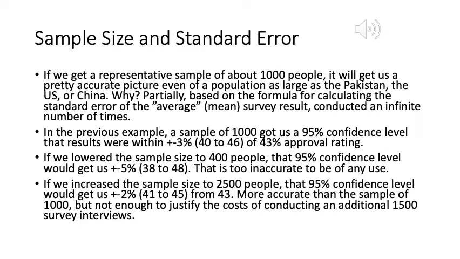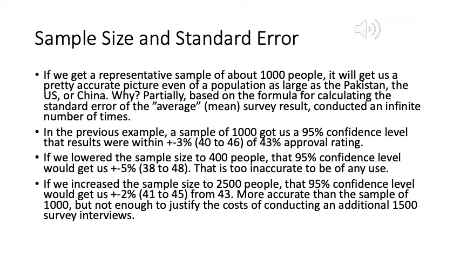Now, what if we say, well, we want to get even more accurate? So we increase the sample size to 2,500 people. And then we'll have a 95% confidence level that the results would be within plus minus 2% of 43. Now, that's more accurate than the sample of 1,000, but probably not enough to justify the costs of conducting an additional 1,500 survey interviews.